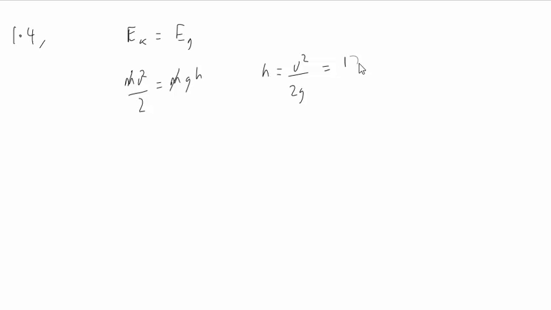V is 17 meters per second, so we square this over 2 times 9.81, meaning we need to get the vehicle to a height of 14.8 meters.